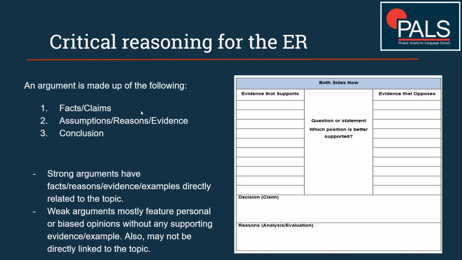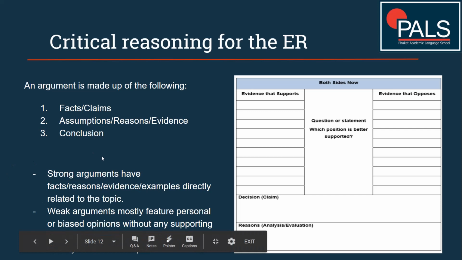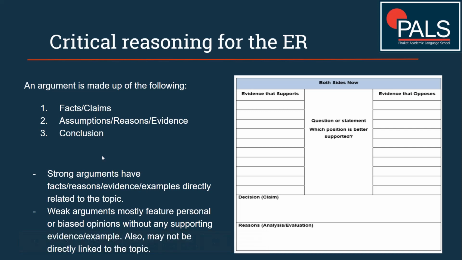You're also looking for strong reasons why something is the case. Evidence, as we just said, and nice examples as well. Weak arguments, on the other hand, these mostly feature personal opinion or biased opinion without any supporting evidence or examples. And also they may not be linked directly to the topic.